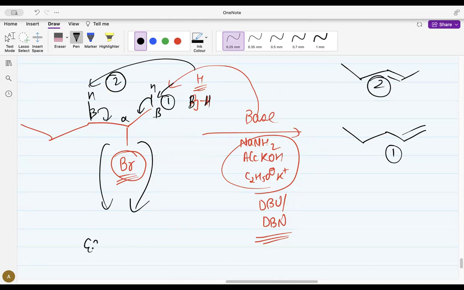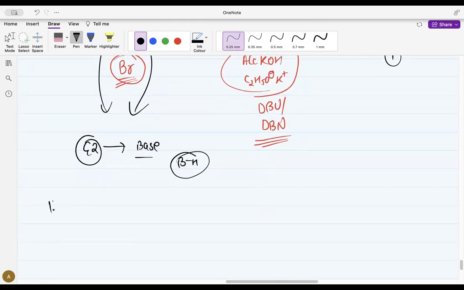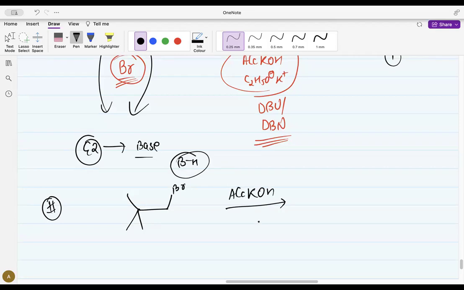So in E2 elimination always remember, you should have a base. Once you have a base, you should go to beta hydrogen. If it has beta hydrogen, then okay. If no beta hydrogen, let's say this example. Here if I put alcoholic KOH, now you know it is elimination, you have to do elimination, but it does not have, this one is alpha, this is beta.